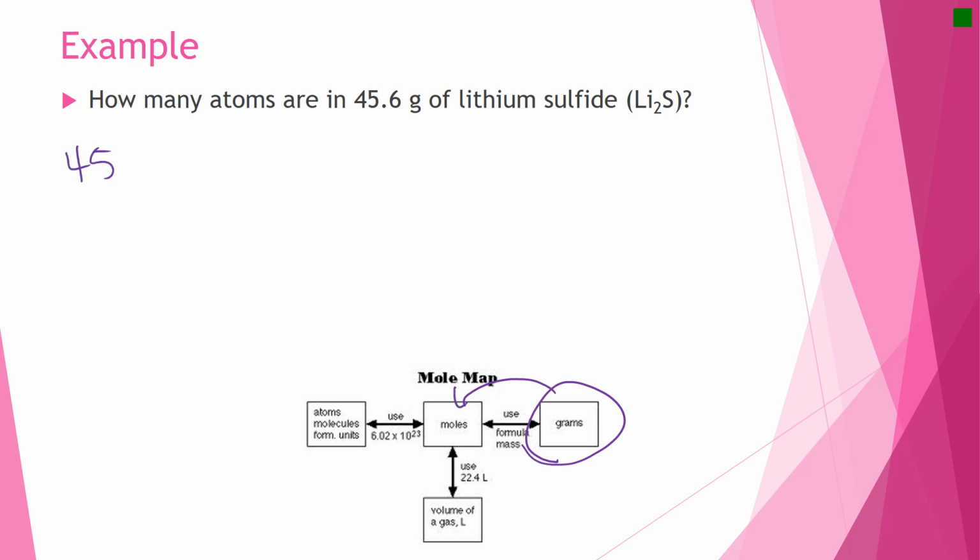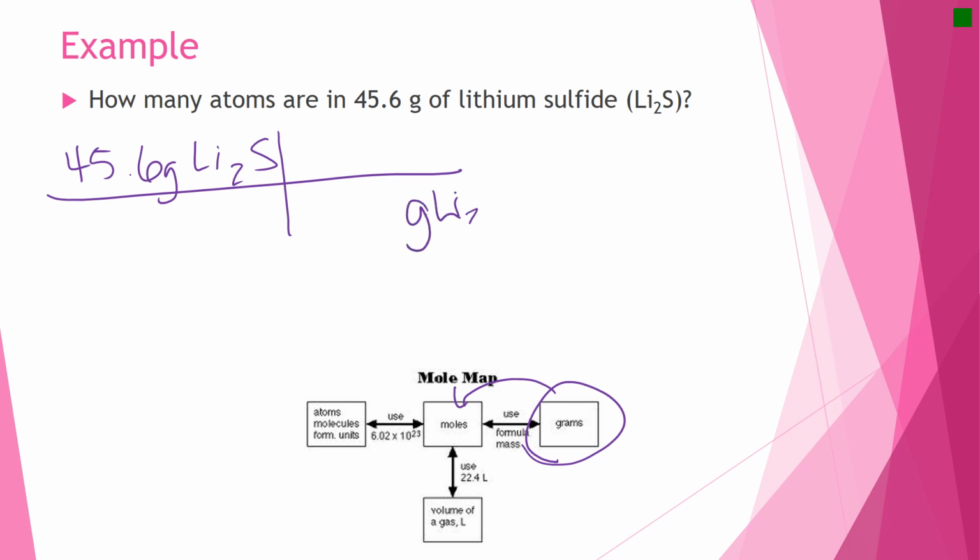So I've got 45.6 grams of lithium sulfide, and I need to get to moles because that's my first step according to this mole map. You always have to go through the mole. So we've got grams of lithium sulfide, and I know I can go to 1 mole of lithium sulfide. Grams is the only one that actually changes depending on what the substance is, unlike liters and molecules.